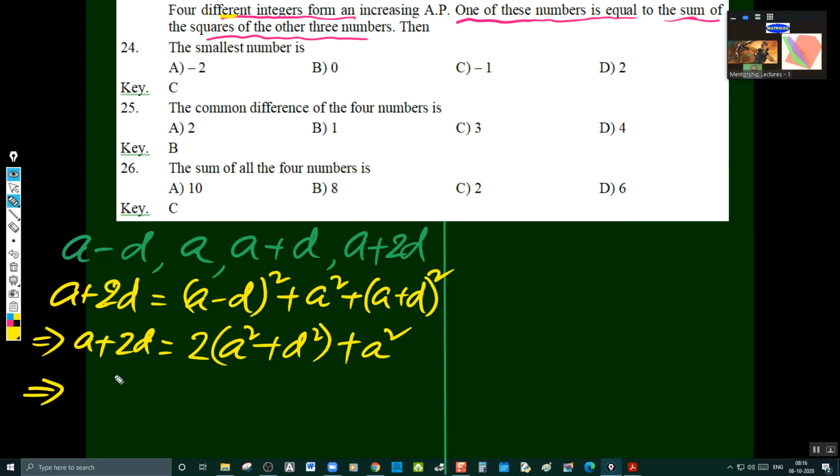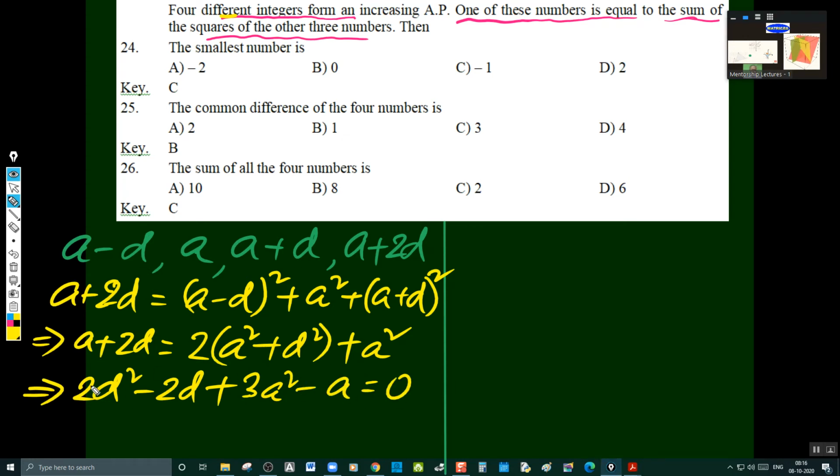Now let me form a quadratic in terms of d: 2d square minus 2d plus 3a square minus a is equal to 0. Now, I got a quadratic in terms of d. You can take even in terms of a also.